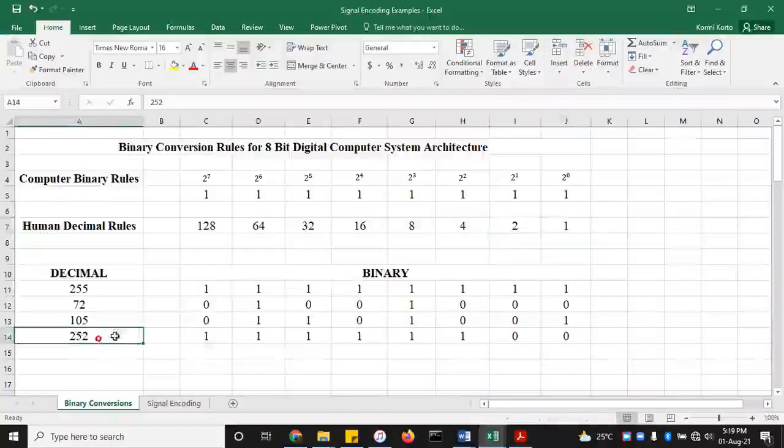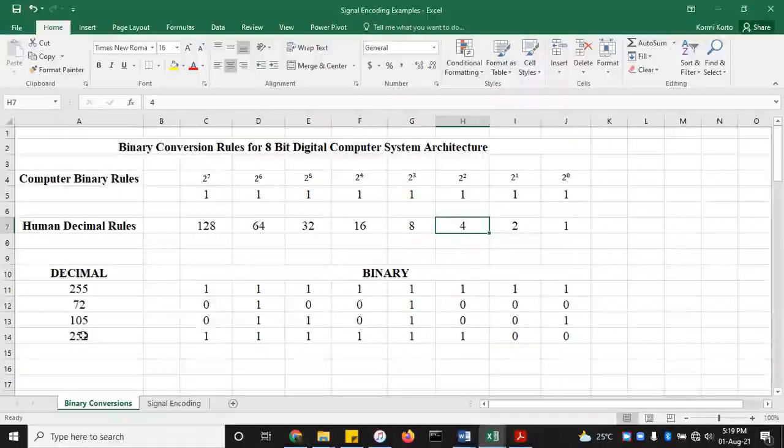So this is 255, obviously. If you were to add up 128 plus 64 plus 32 plus 16 plus 8 plus 4 that will give you what? 252. You can do the math.